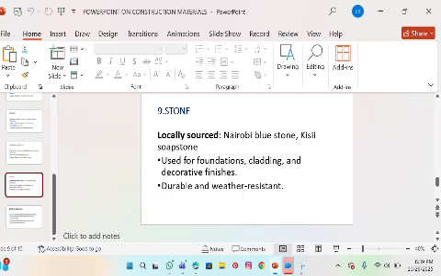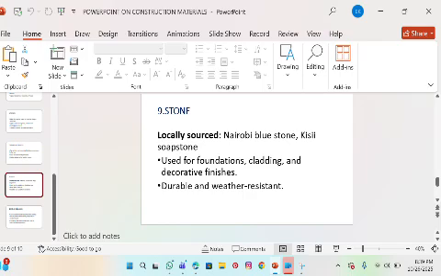Finally, we have the stone. The locally sourced stones are Nairobi bluestone and Kisii soapstone. Those are the major types of stones that are being used in construction, and they are majorly located in Nairobi and Kisii.